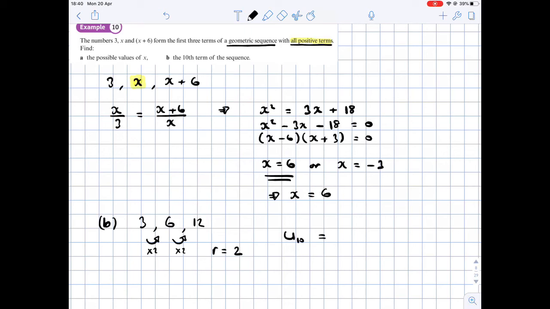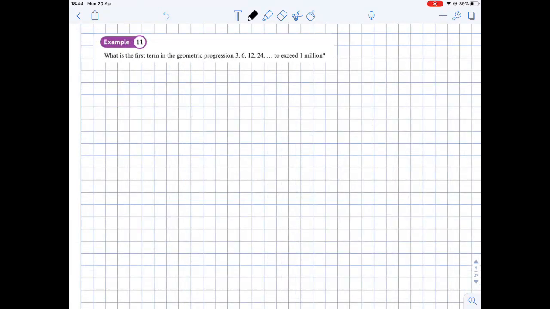So the 10th term is equal to the first term, which is 3, times the common ratio, which is 2, to the power of 10 minus 1. So multiplying this out, we get 1536.